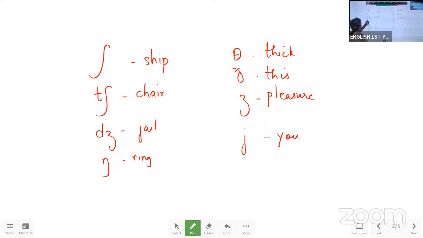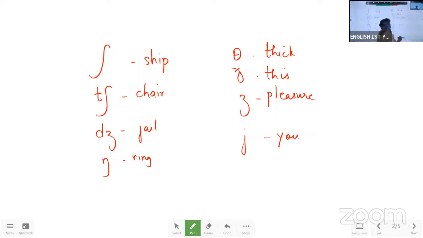The second symbol is ch, as in chair. The third symbol shows j, as in jail. And the fourth is the ing sound, ringing, singing. The next symbol is th, as in thick, the, as in this.